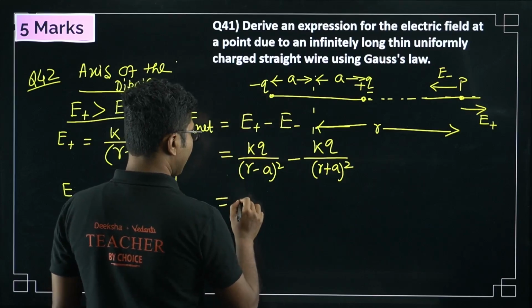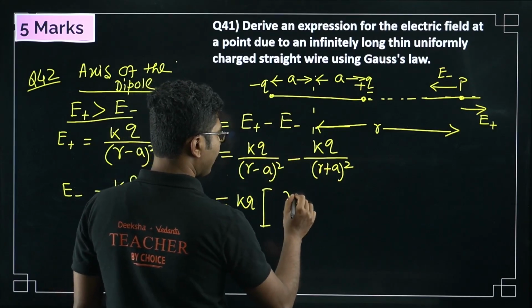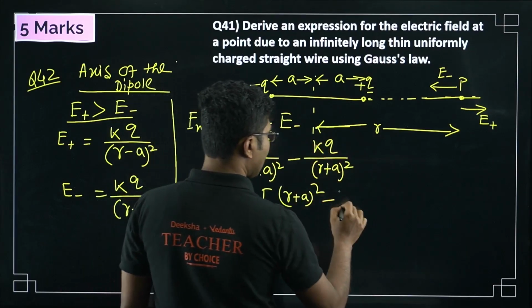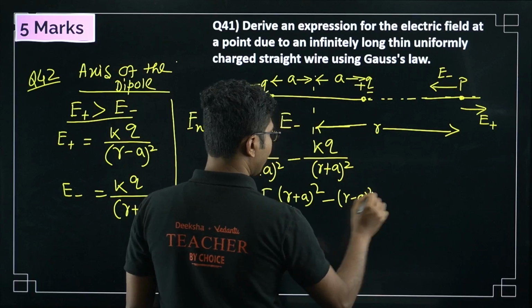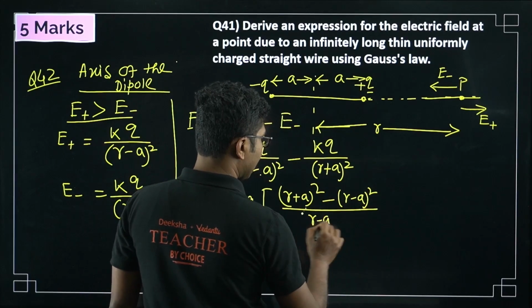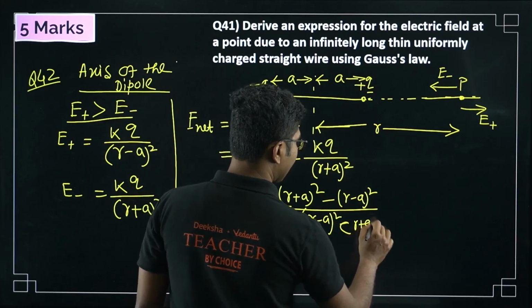Now kQ you can take common. This will go up: r plus a whole square minus r minus a whole square, and in the denominator they will multiply, r minus a whole square into r plus a whole square.